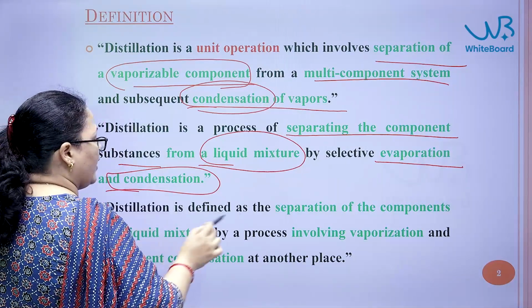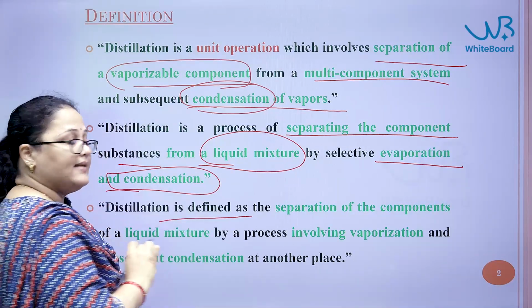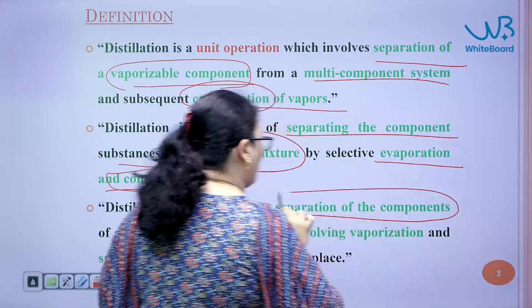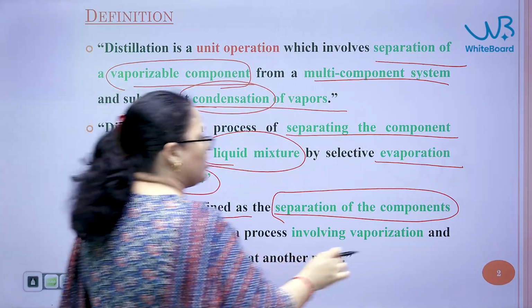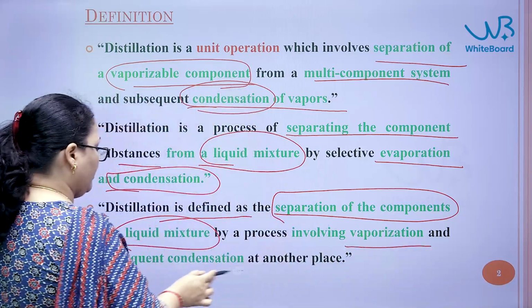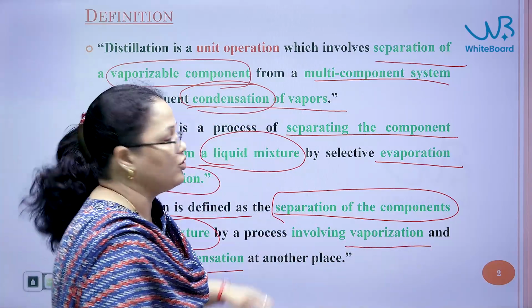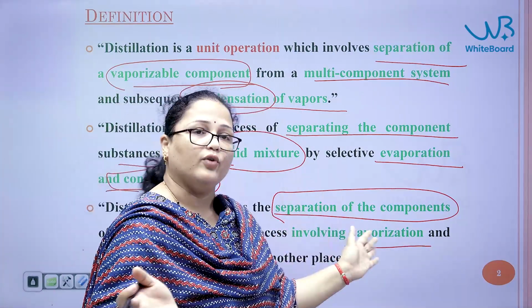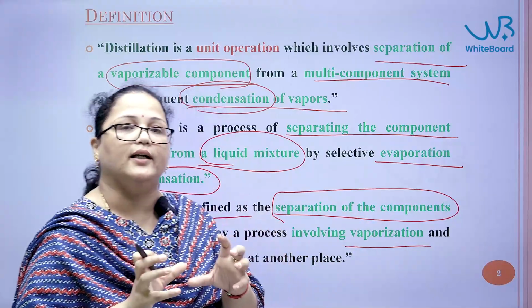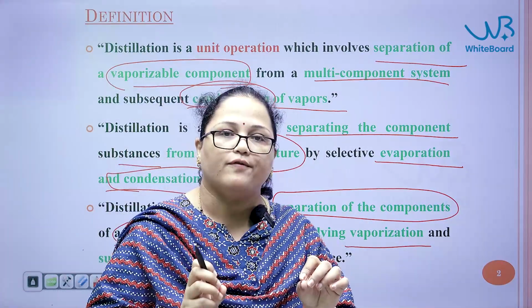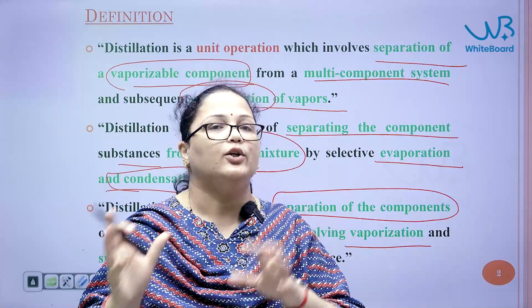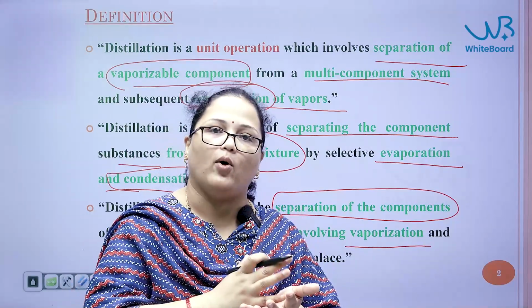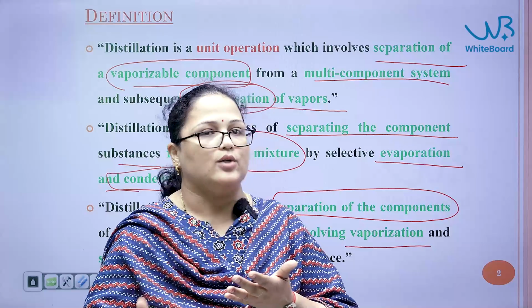Next, the third one, distillation is defined as the separation of the components of a liquid mixture by a process involving the vaporization and subsequent condensation. So if you combine all of this into a single definition, it is a separation technique of a mixture of components into the individual components by employing a vaporization process as well as condensation process.